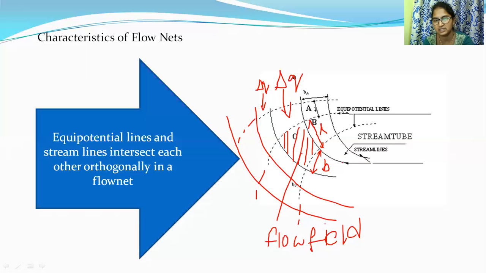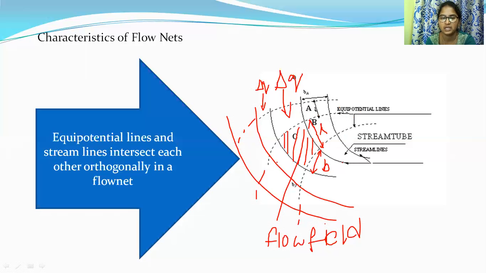The main characteristics of flow nets: equipotential lines and streamlines intercept each other orthogonally in a flow net.